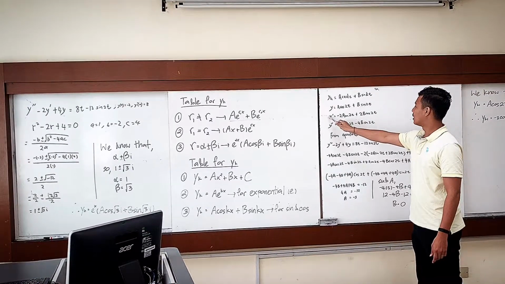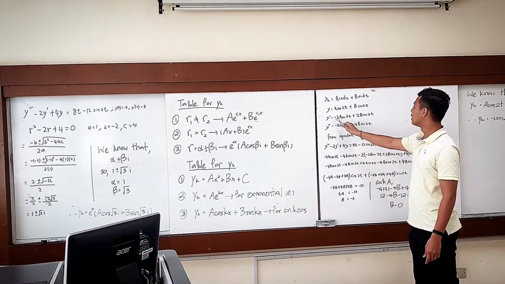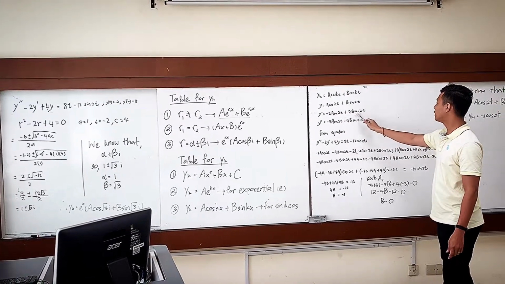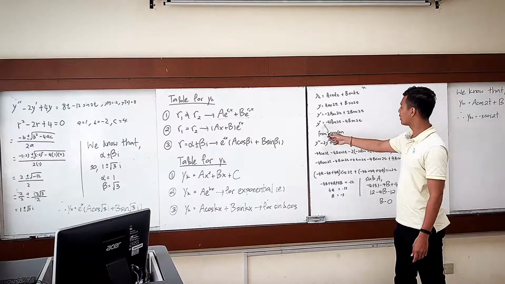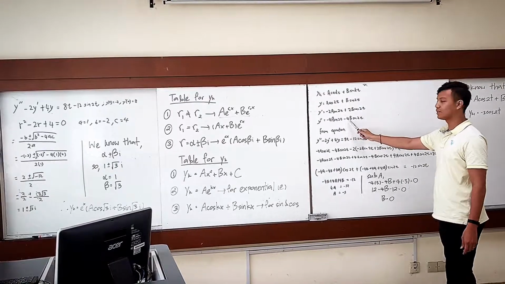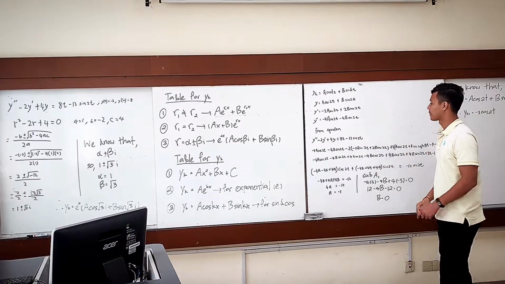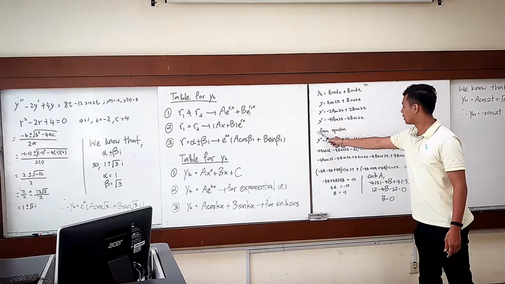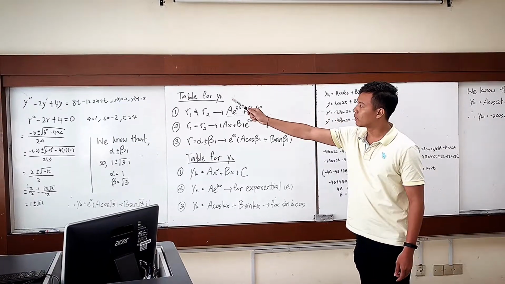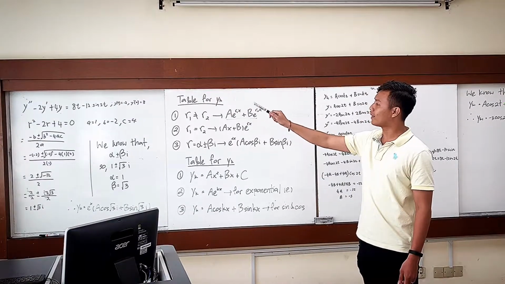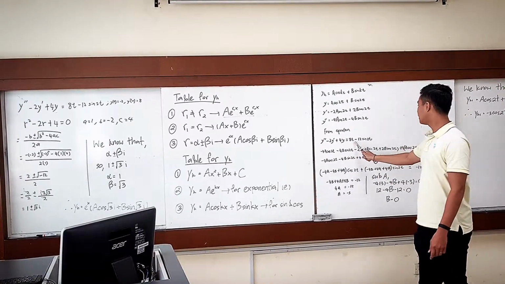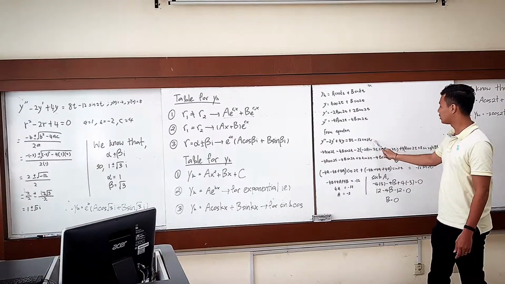Then differentiate, it becomes negative 2a sine 2t plus 2b cos 2t. Then differentiate again, negative 4a cos 2t minus 4b sine 2t. From the equation, we know that y double prime minus 2y prime plus 4y equals 8t minus 12 sine 2t.